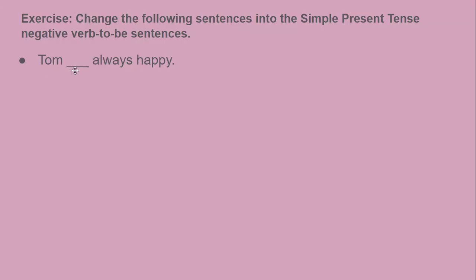Tom, space, always happy. Okay? So we have the subject here, which is Tom. And so Tom is a he. So the subject is he, and therefore it means that our verb to be has to be is.